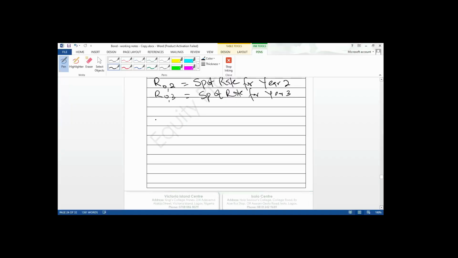It becomes F2 to 3 is equal to 1 plus 0.0682 over 1 plus 0.0622 raised to power 2.